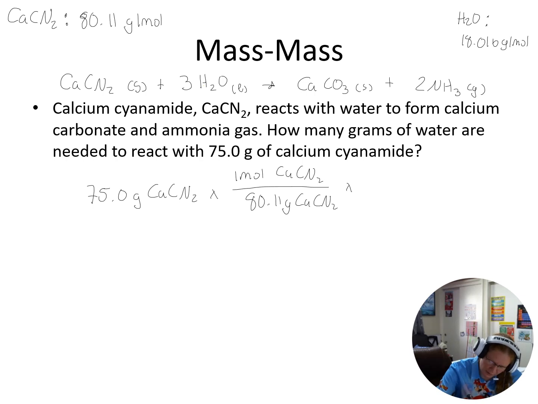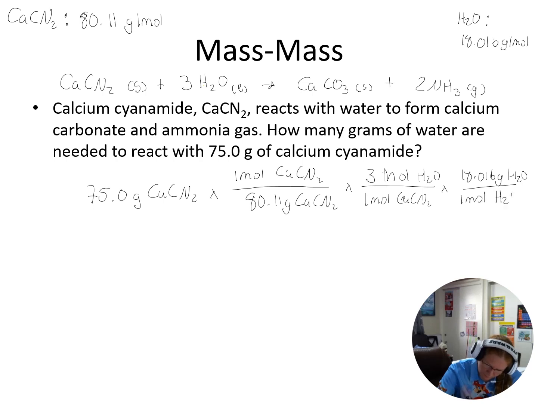And then our molar ratio. Okay, and then we get 50.6 grams of water. All right.